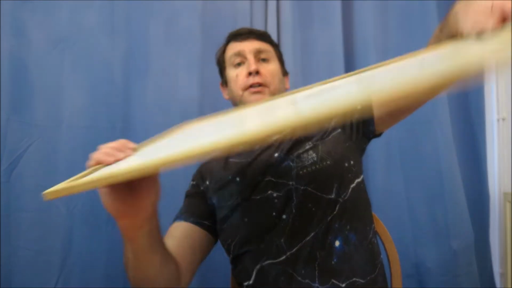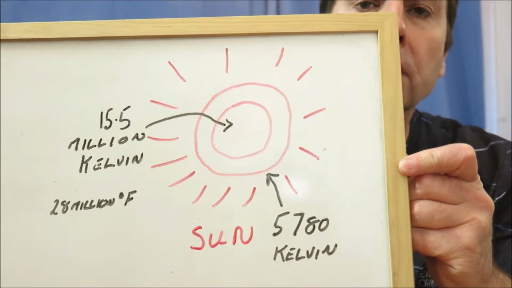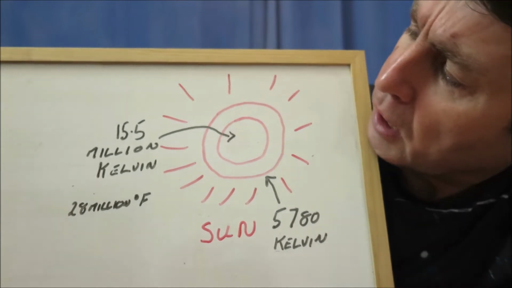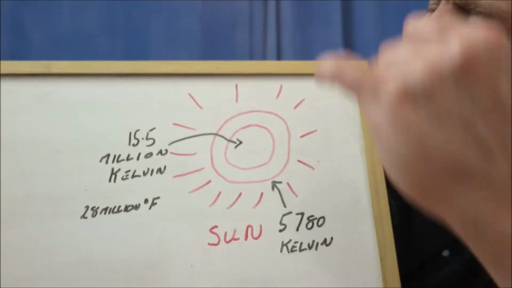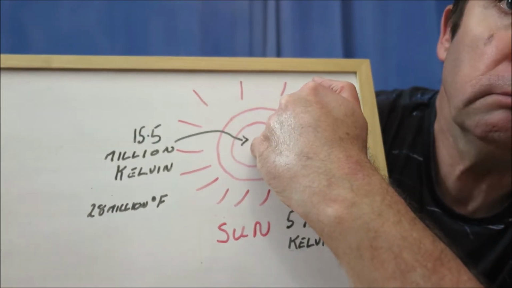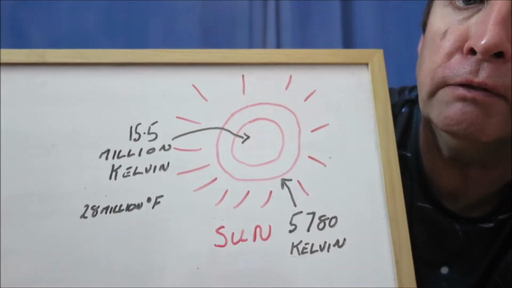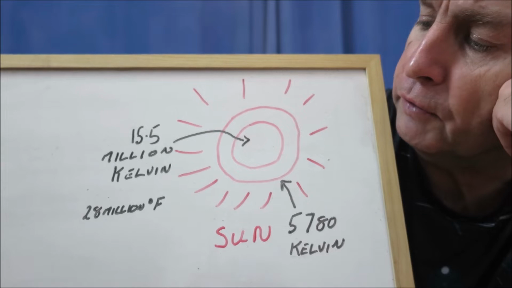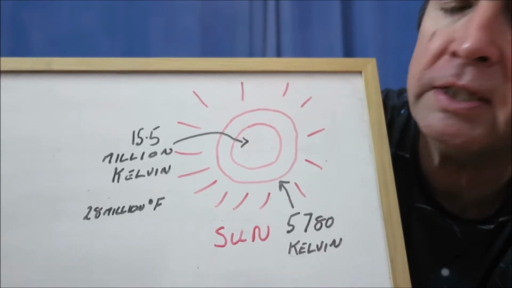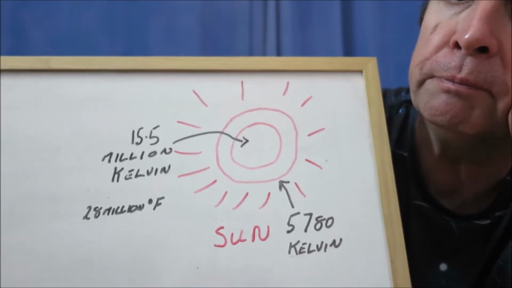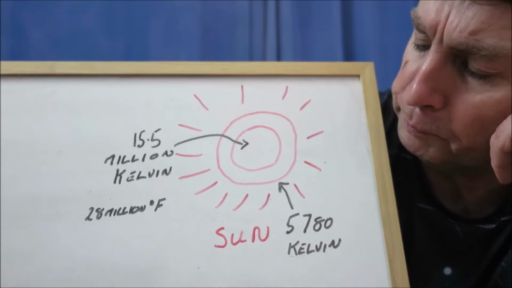But when we're talking astronomical terms, how do these sort of temperatures look? Well, when we look at the temperatures of stars, or for instance, our own sun, we can see that the inner core of the sun is 15.5 million Kelvin. If we looked at that on a Fahrenheit scale, that would be 28 million degrees Fahrenheit. So that's pretty warm.